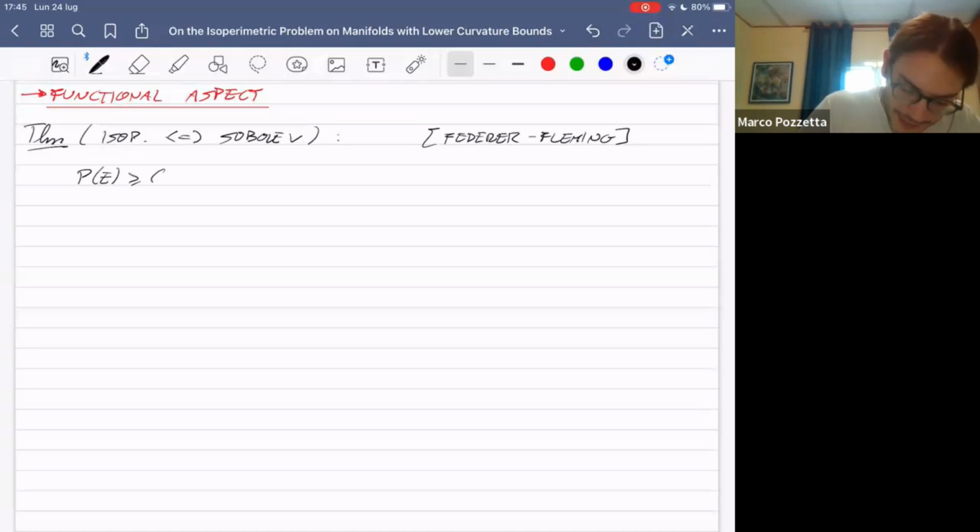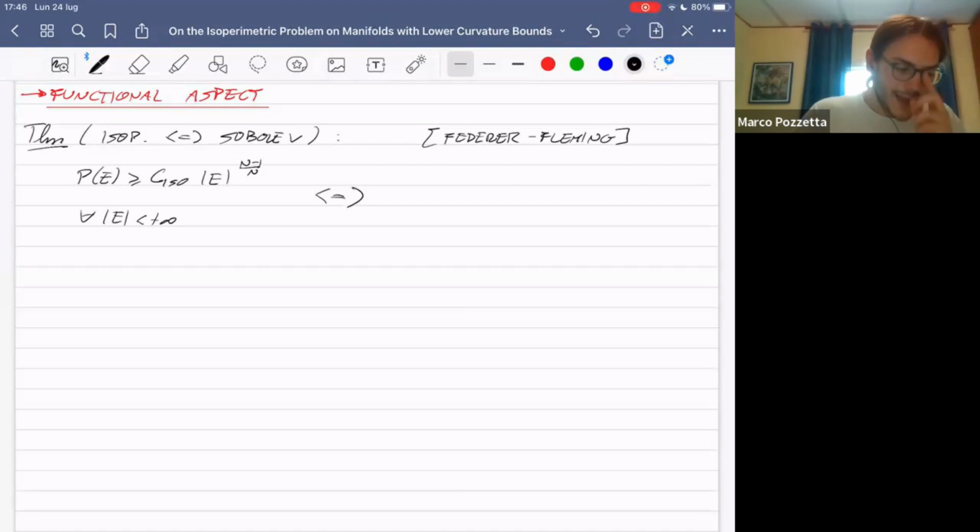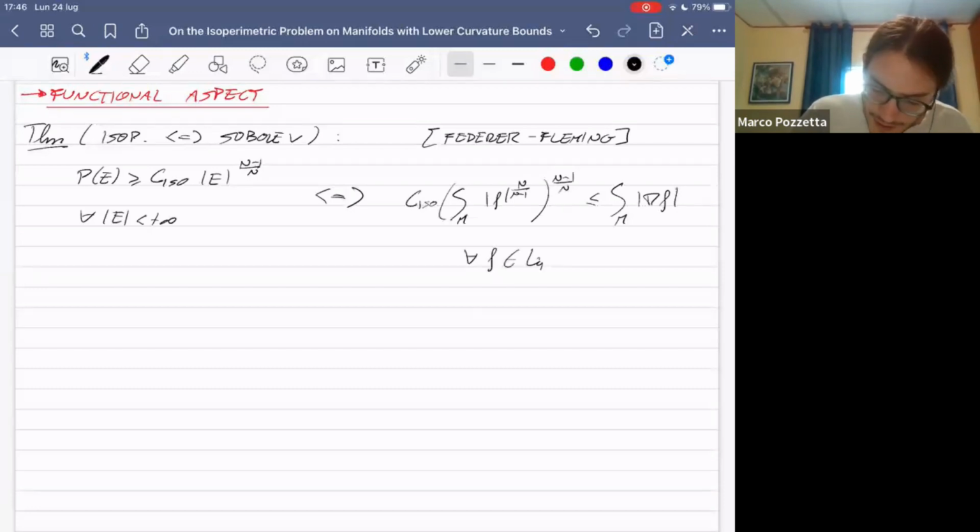The validity of an isoperimetric inequality, a generic one with some constant, P of E greater or equal than C iso times the volume of E to the n minus 1 over n, for any E inside M of finite volume, is equivalent to the W11 star Sobolev inequality in the following sense: C iso times the integral over M of f to the n over n minus 1, to the power n minus 1 over n, is less than or equal to the integral over M of the gradient of f, for any function, let's say locally Lipschitz and L1.